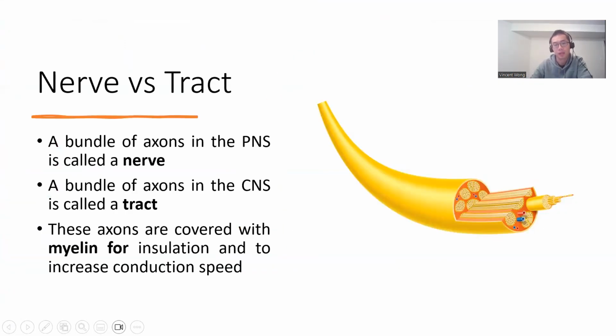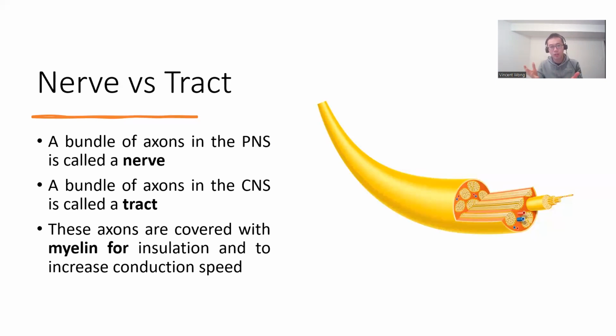Now, it turns out the same thing is going to be called different names depending on whether you find it in the CNS, the central nervous system, or the PNS. So what's CNS again? CNS is the central nervous system. It only contains two things, right? The brain and the spinal cord.